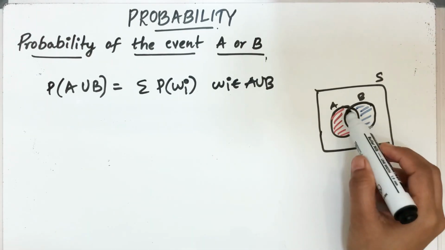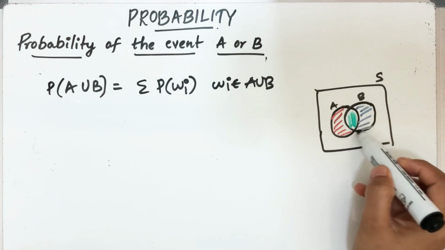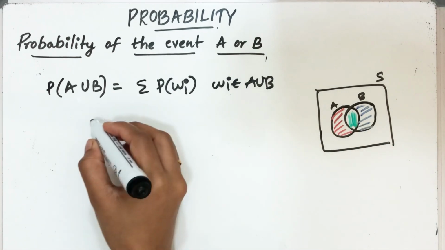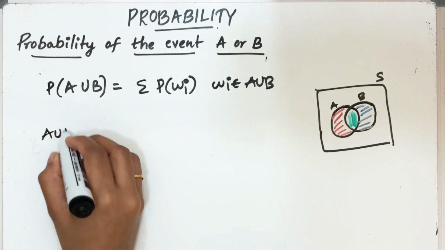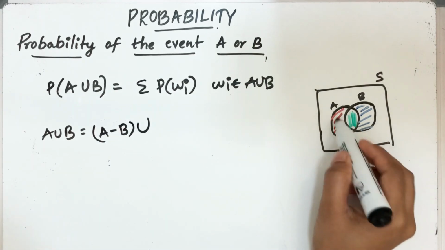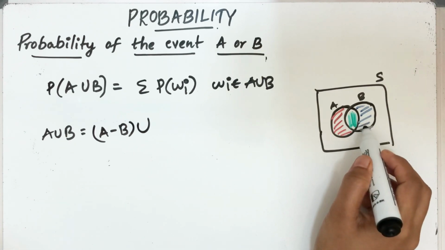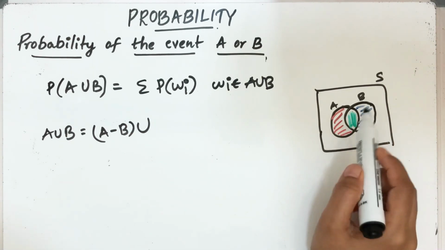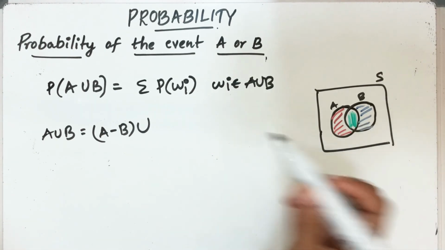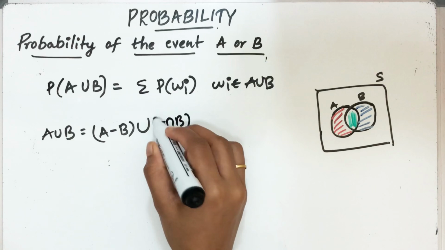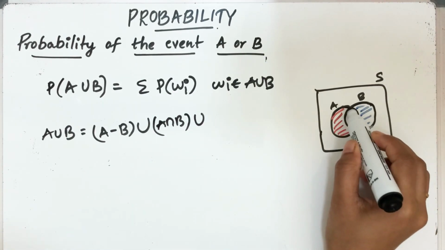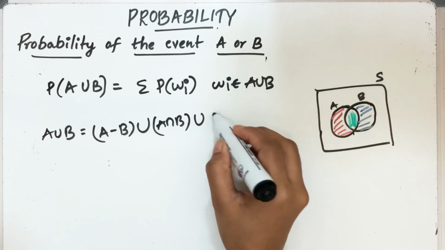Red portion is from A we are subtracting the portion of B. So we can say A union B is equal to A minus B, union this green portion, union this blue portion. Green portion is nothing but the portion common to A and B, that is A intersection B. And this blue portion is nothing but from B we are subtracting this portion of A, that is B minus A.